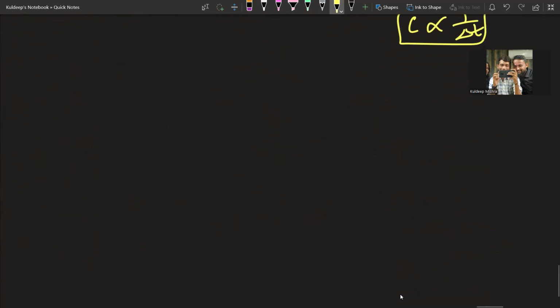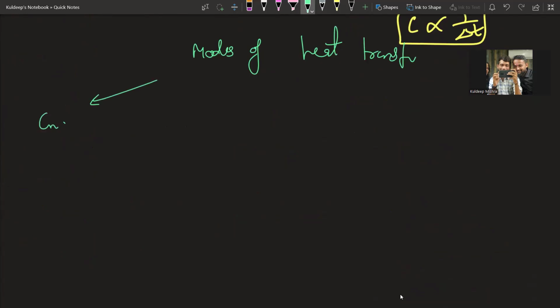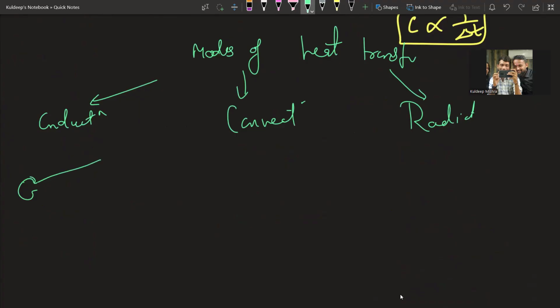Okay. Now we know there are three modes of heat transfer. Conduction, convection, and radiation. Now in conduction, what happens if there is a spoon in a flame or something, and you touch it here, you still feel the warmth because what happens?